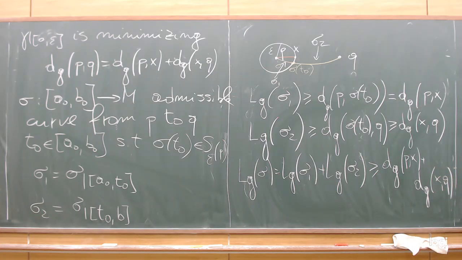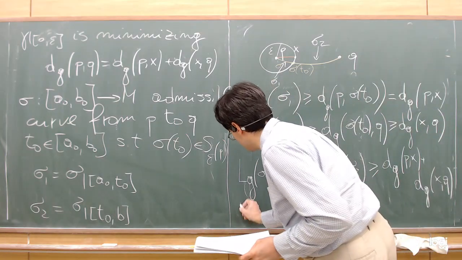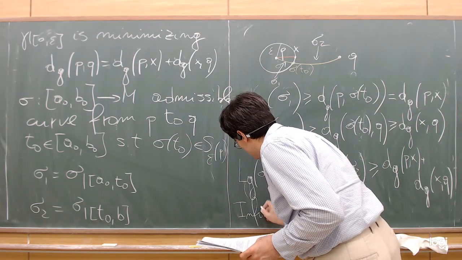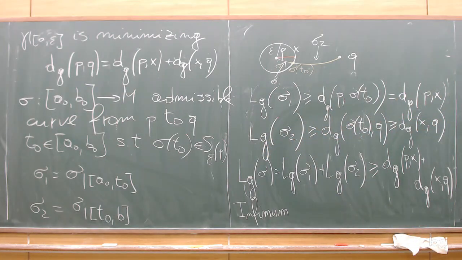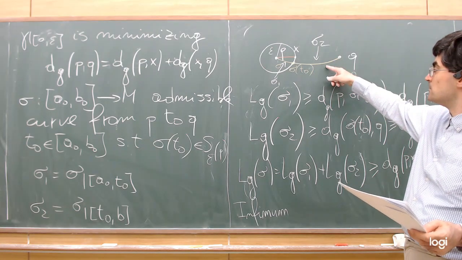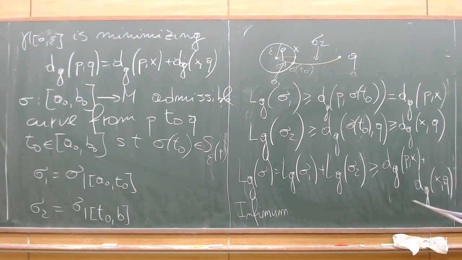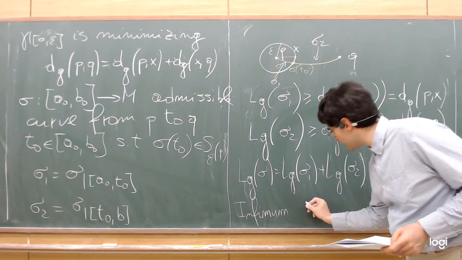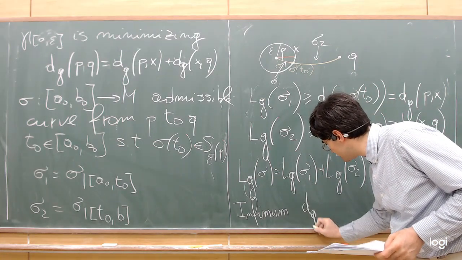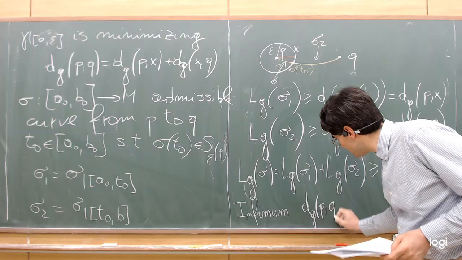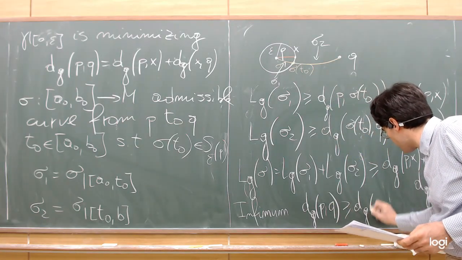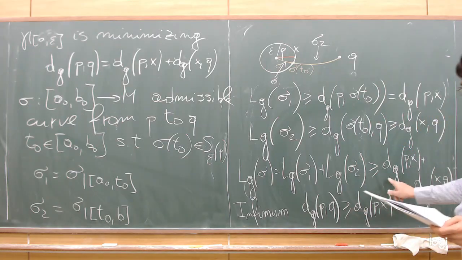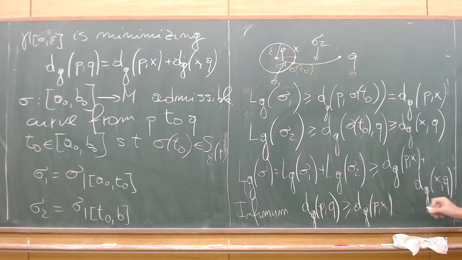And now we take the infimum on sigma, and we get that the distance between P and Q is larger or equal than the right hand side of this inequality.